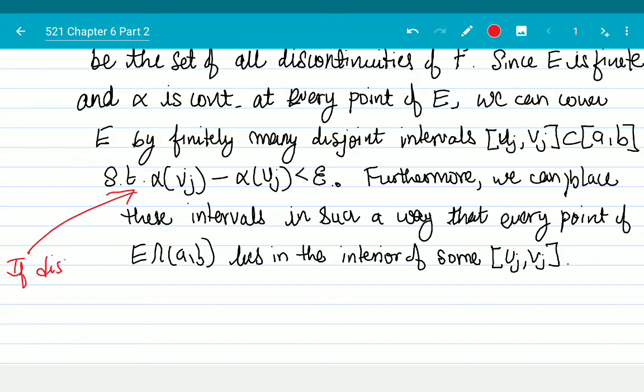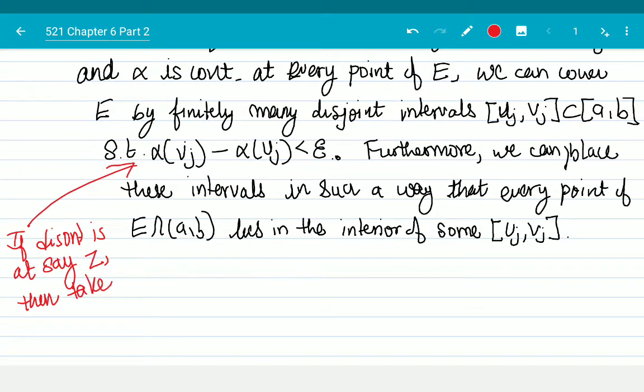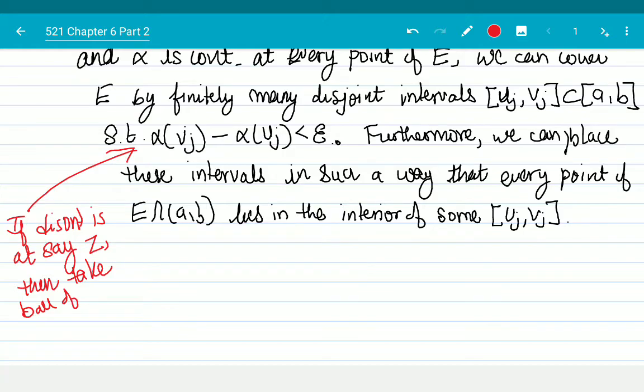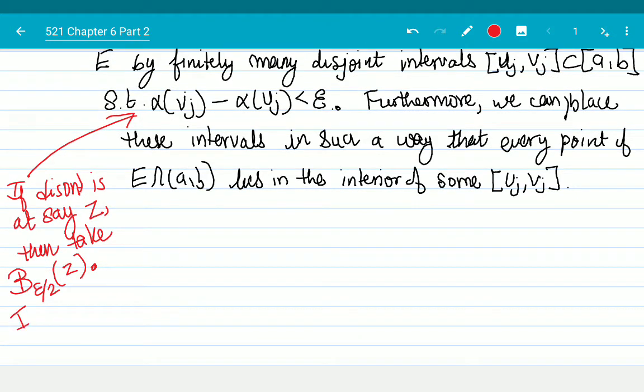If discontinuity is at say Z, then take the ball B epsilon over 2 of Z. Its pre-image satisfies this condition.